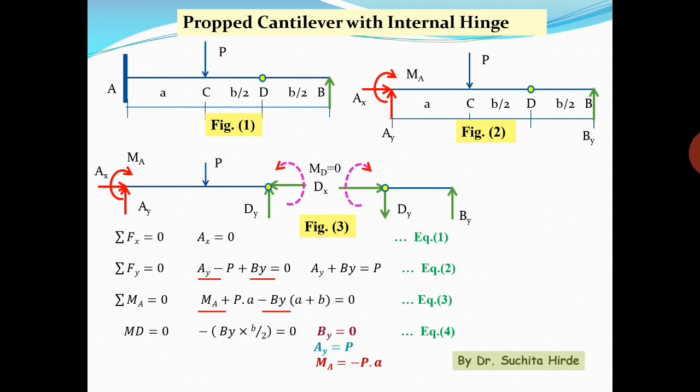In this case, there is an internal hinge, so we have one additional equation available. So here there are 4 equations and 4 unknowns, and therefore we can calculate all the reactions. So this is called a determinate structure. From this discussion we can say that if the number of reactions is more than the available equilibrium equations, that structure is an indeterminate structure.